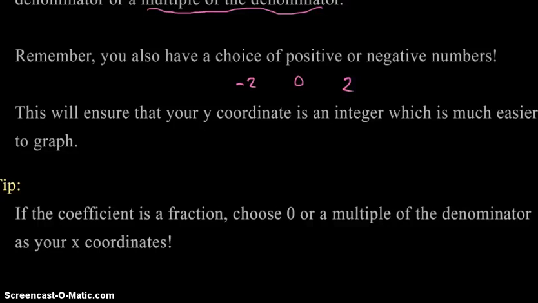If the coefficient is a fraction, ang pipiliin nyo ay yung isang value ng x natin ay 0 at yung mga sumusunod ay multiple ng denominator as your x coordinate. Okay? Para ang maging output ng y mo ay whole number. Okay? That's it.